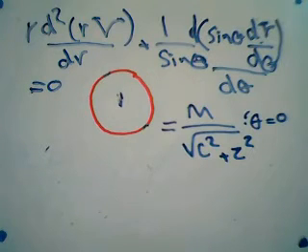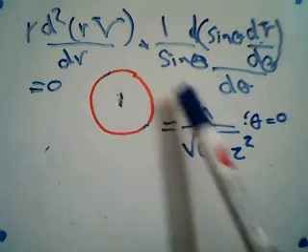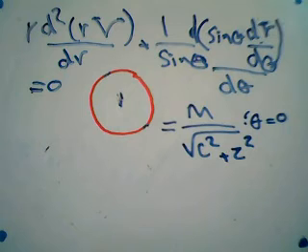So now how should we solve this? Here r and theta are independent, unlike polar coordinates in 2 dimensions, in which r was a function of theta.